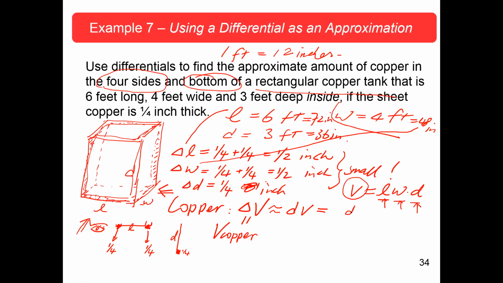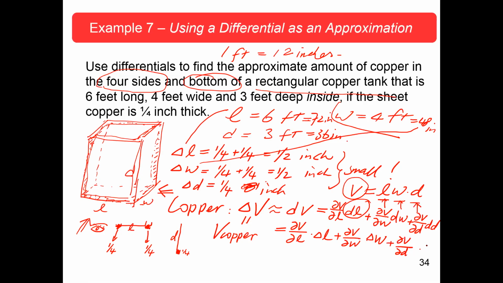It will be the differential of length times partial V, partial L, plus the differential of the width times partial V, partial W, plus the differential of the depth, dD, times partial V, partial D. Each of these differentials, dL, is the same as delta L. So I can replace those: partial V, partial L times delta L plus partial V, partial W times delta W plus partial V, partial D times delta D.